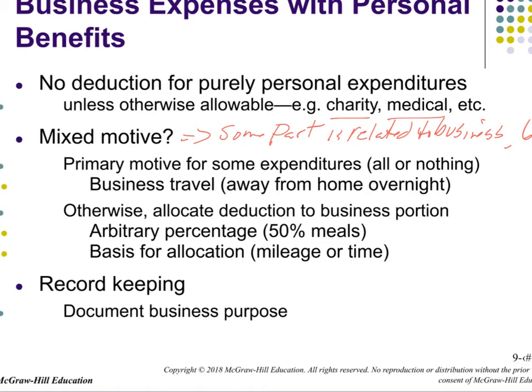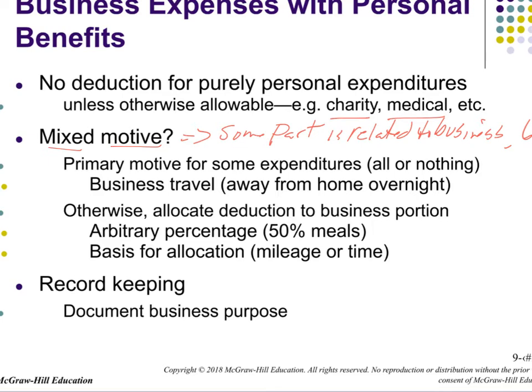Say, for example, I go to a conference for tax professors, okay? That has a business-related motive. But if it's in a really cool location, like New York City a couple of summers ago, I took my kids and my husband went with me to New York City, okay? So that would be a mixed motive trip, okay?